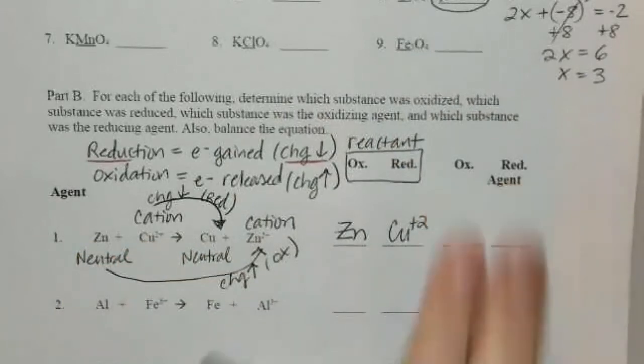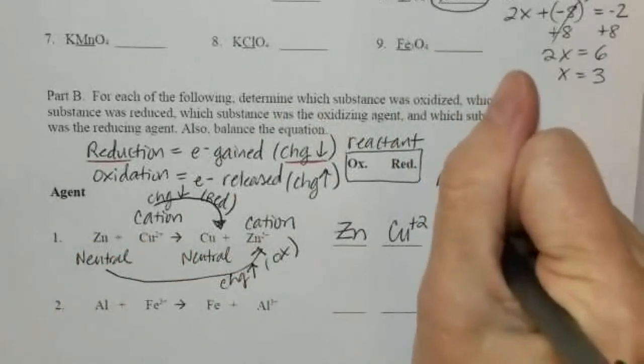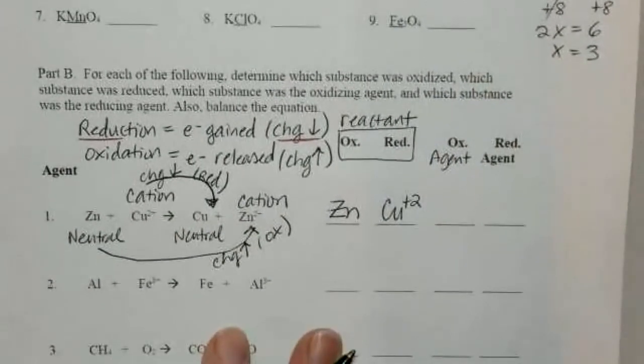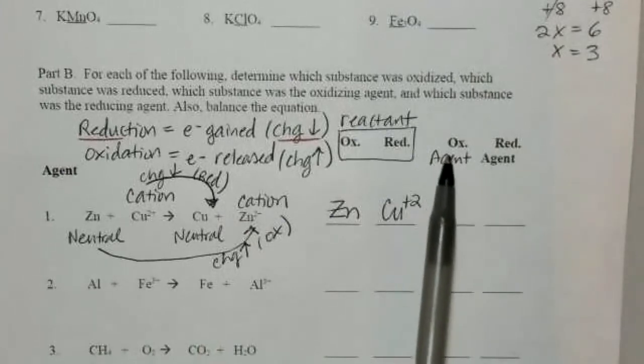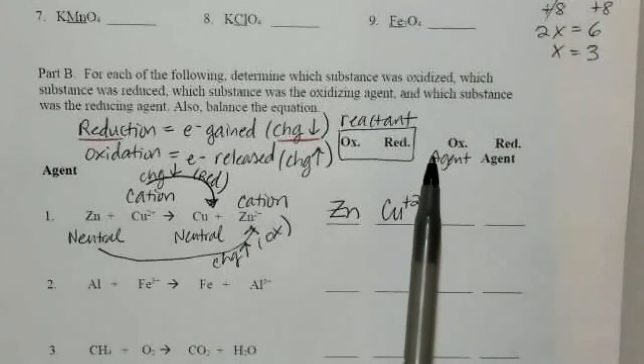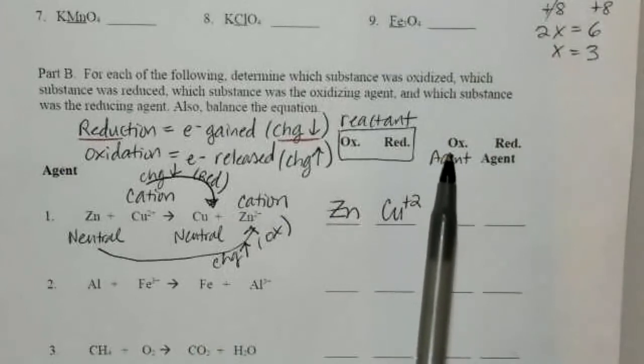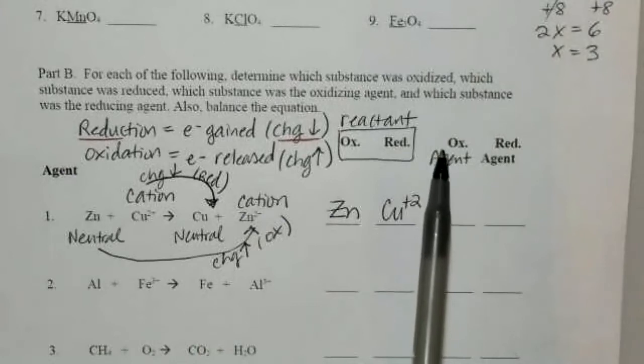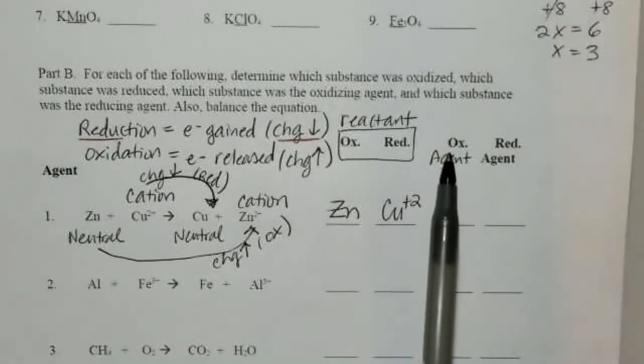Now, the agents, this is supposed to be oxidizing agent and reducing agent. It's the opposite. To me, I felt like that was the easiest way to remember it. Technically, the oxidizing agent is the substance that is reduced. And I remember when I was learning this, I was like, did they mean to make this confusing? But the idea is whatever is reduced is taking in electrons and is the agent that allows for the other substance to be oxidized.